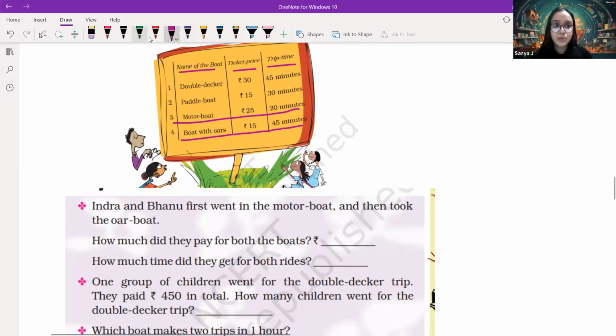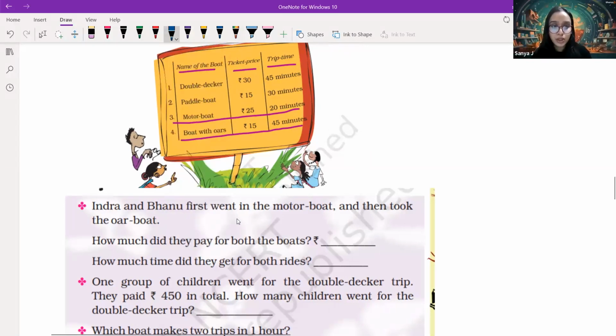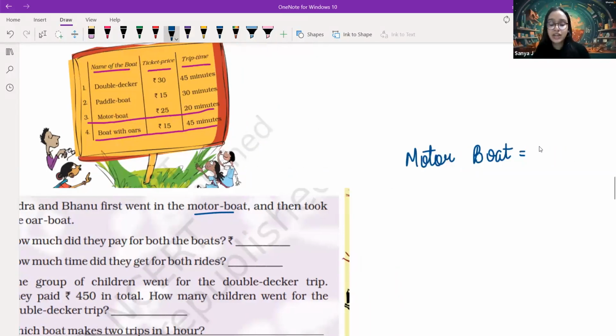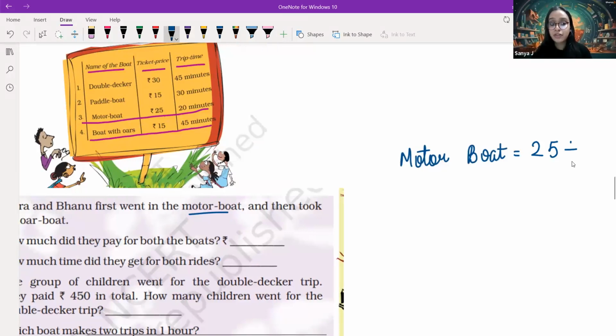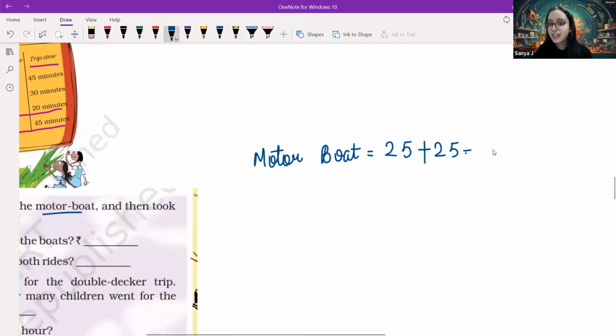For the motorboat, they both pay 25 plus 25. 25 is paid by Indra and 25 rupees is paid by Bhanu. So what's 25 plus 25? That is 50. So the total amount for the motorboat is 50 rupees.